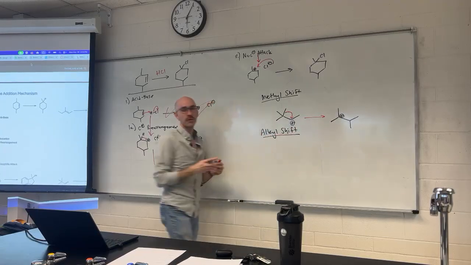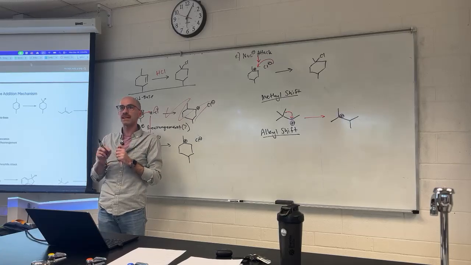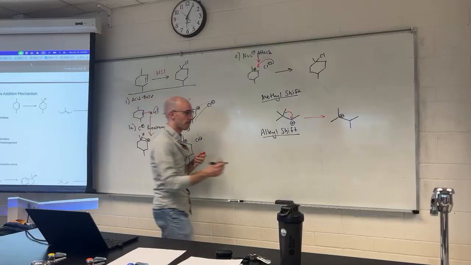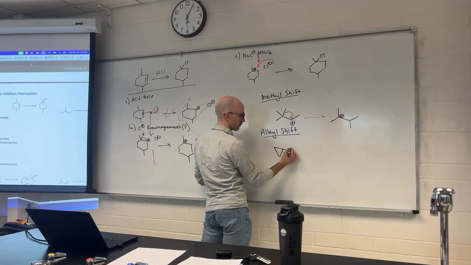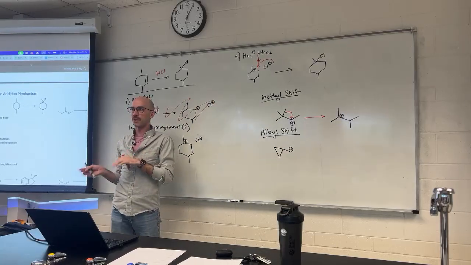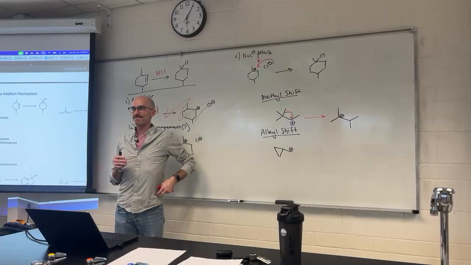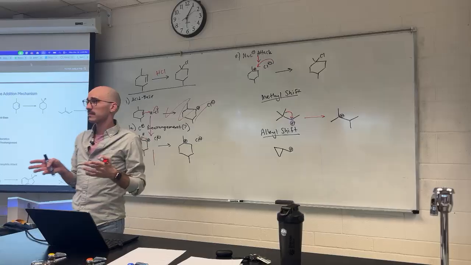This is the one that you don't need to know. I won't test on it, but it should make sense in the context of better stability. Alkyl shifts often happen in the benefit of better angles within rings.